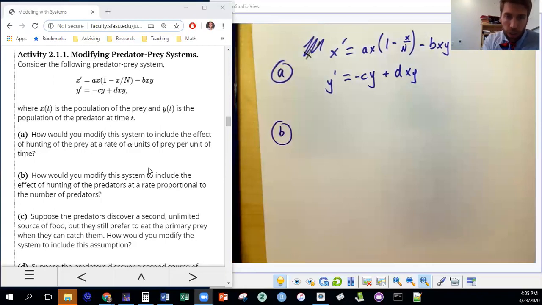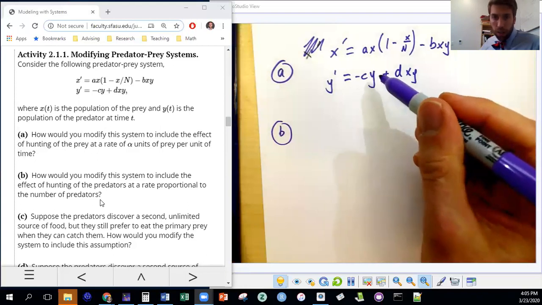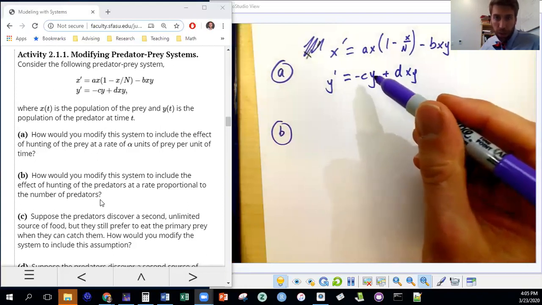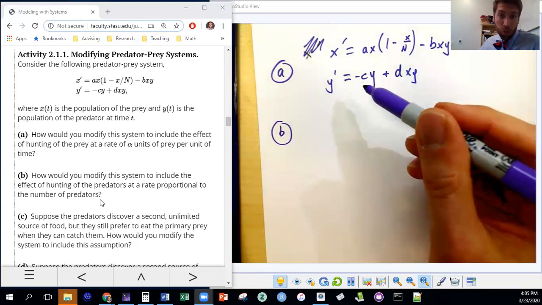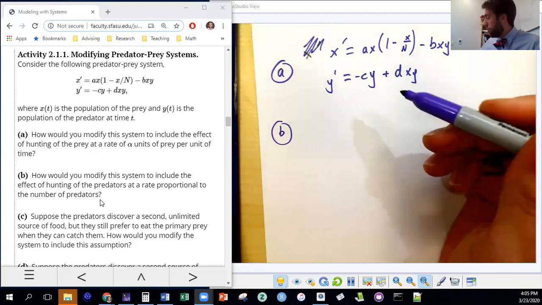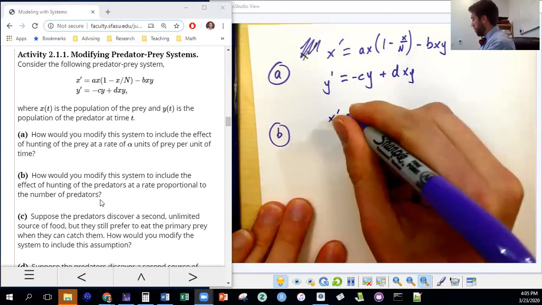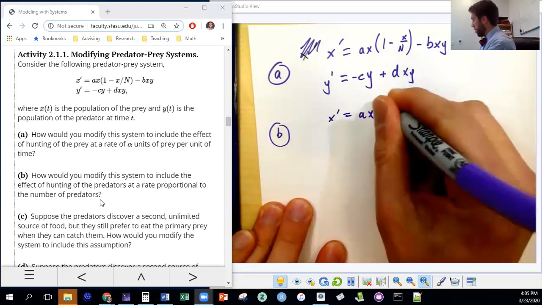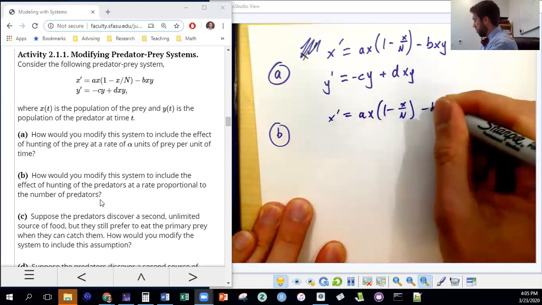So if you notice, we've already got the predator dying off at an exponential, proportional rate. And if you add hunting, it's just like a different proportional rate of dying. So you could just say the same exact thing: x prime equals ax times 1 minus x over N minus dxy.